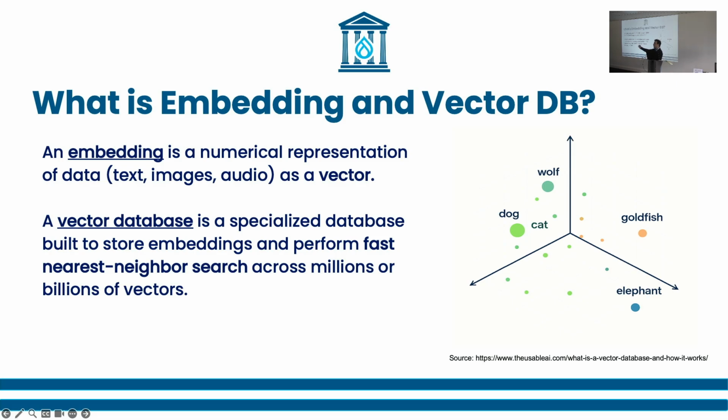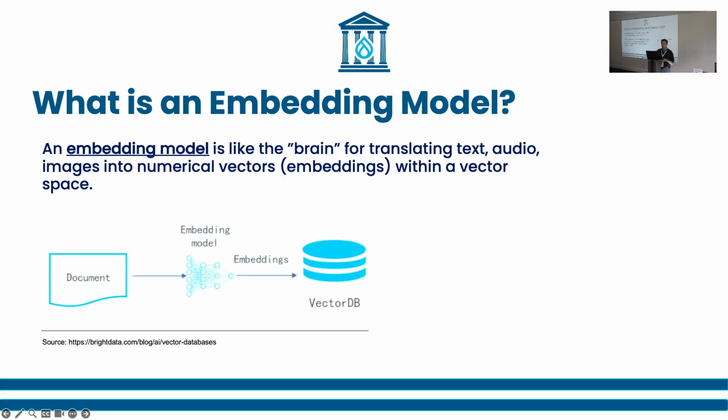In order to find relevance, for example, here we have dog, cat, wolf, and they are all together, closely related. It uses a fast nearest neighbor search algorithm across millions and sometimes even billions of vectors to understand the relevance between meaning and word.